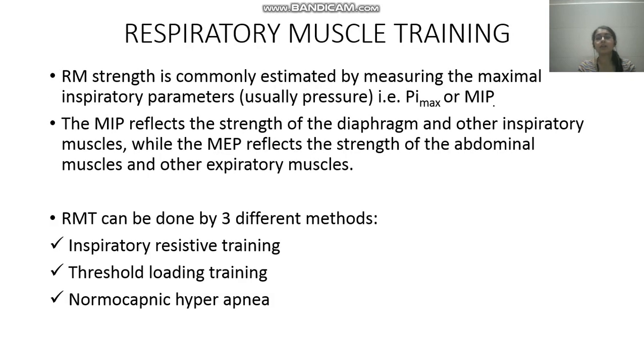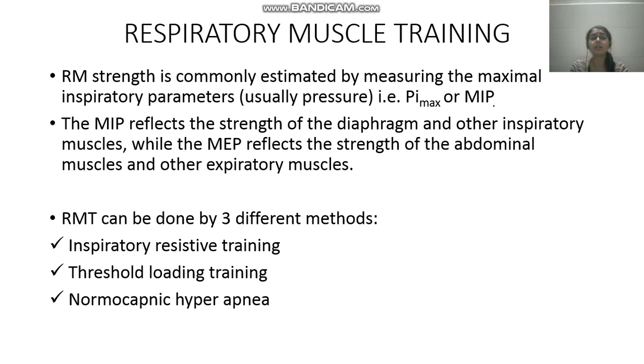Now we come to respiratory muscle training, which was the other component of our pulmonary rehabilitation, which is a major part. Respiratory muscle strength is estimated by measuring the maximal inspiratory parameters. Usually what we measure is the pressure.